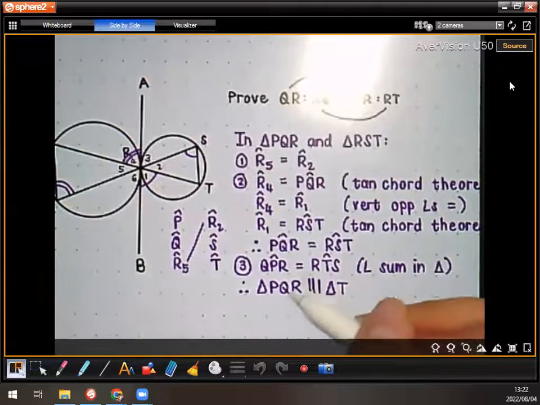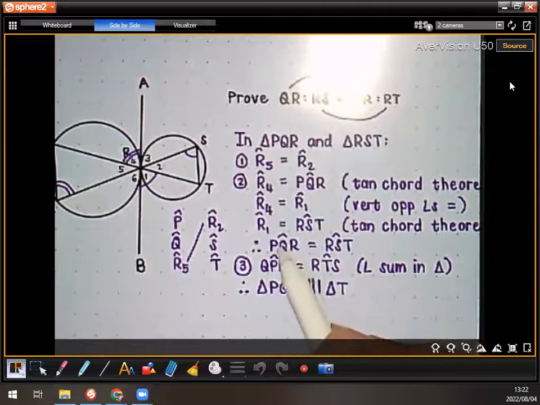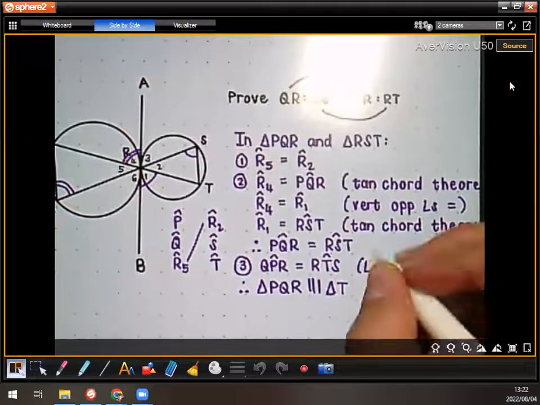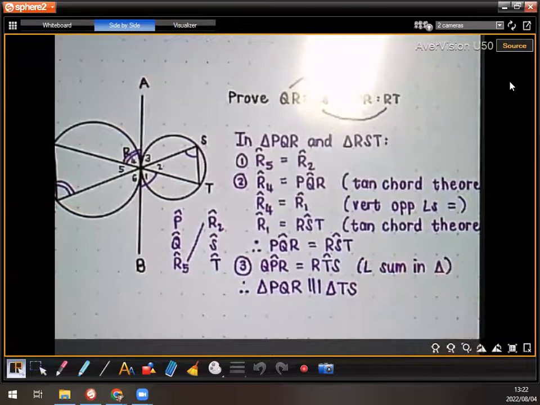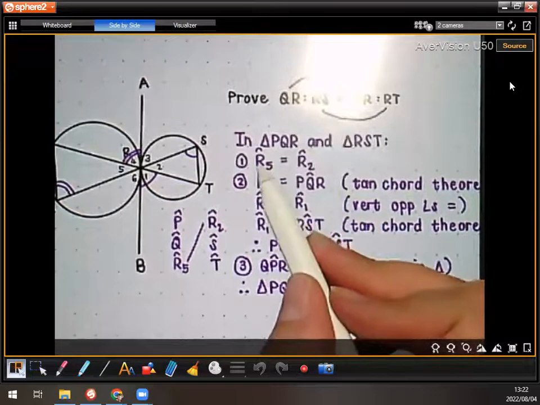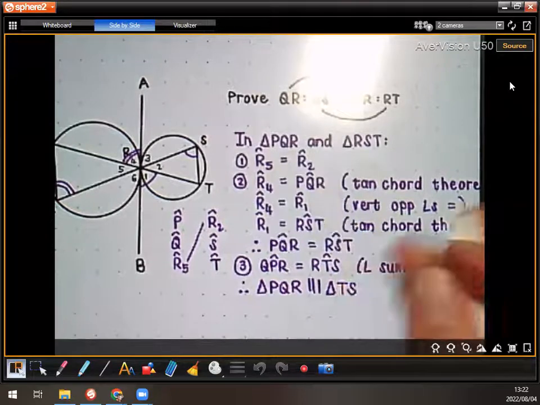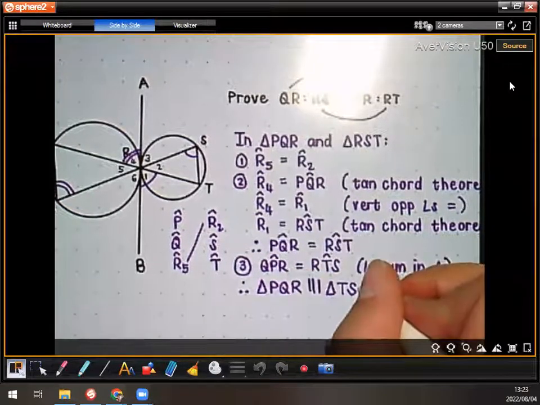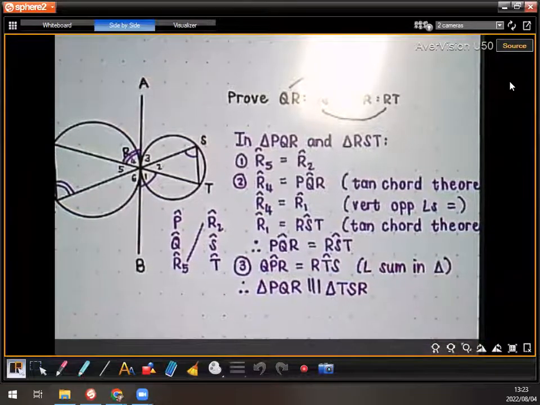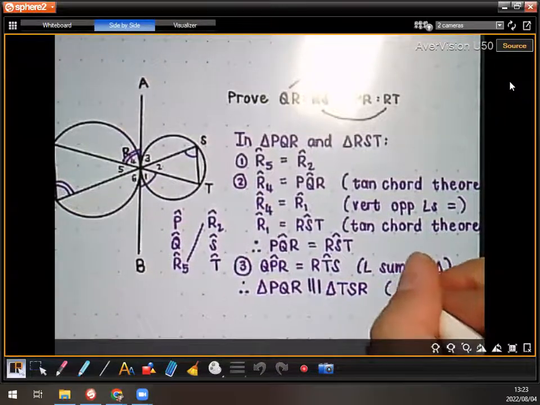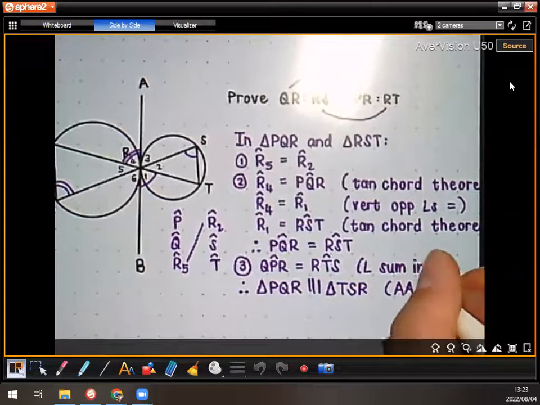Next, I wrote Q, which was the second angle here that I proved. Q was equal to angle X. All right, so X, and then obviously the third one will just be R, but R5 was equal to R2. Okay, so the R angle is equal to the R angle, so that is the correct order. Angle, angle.